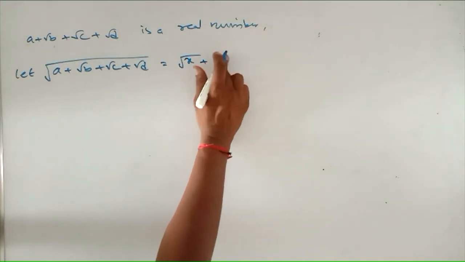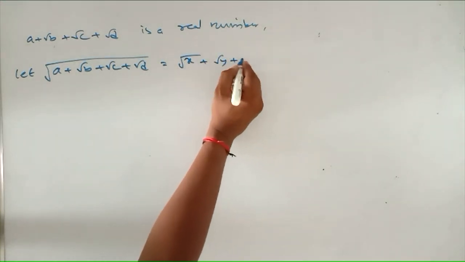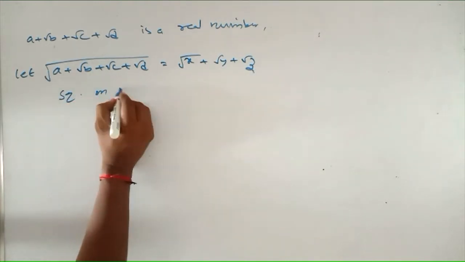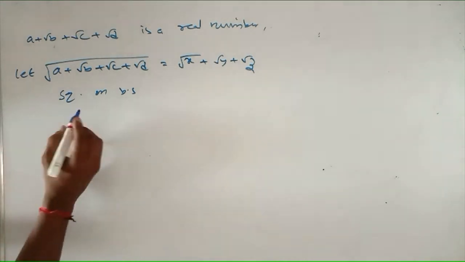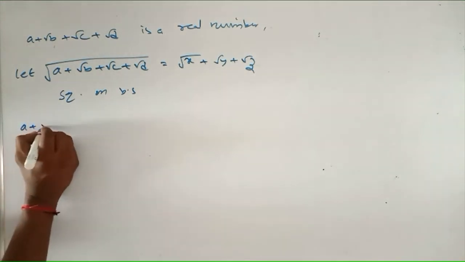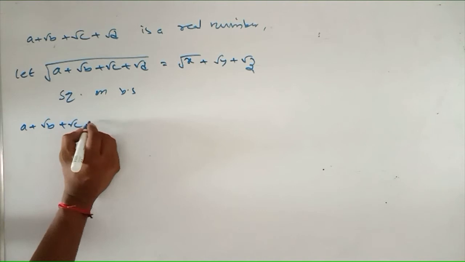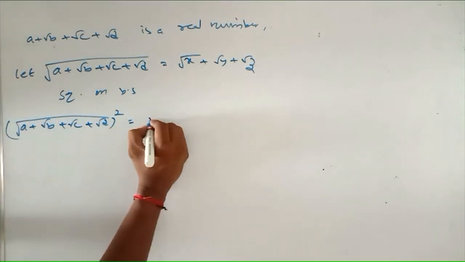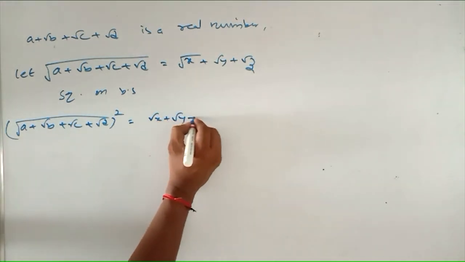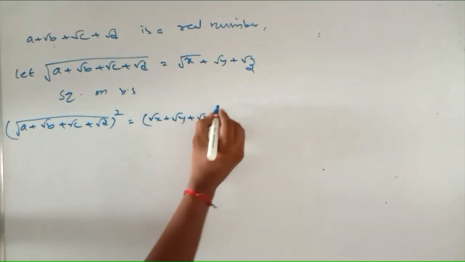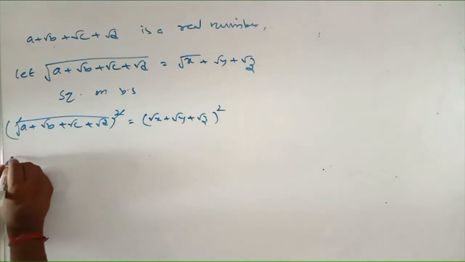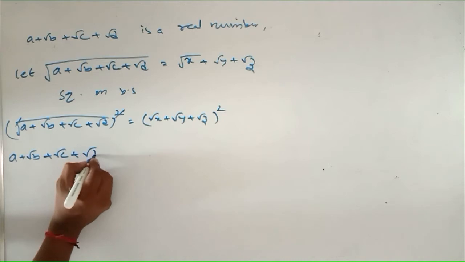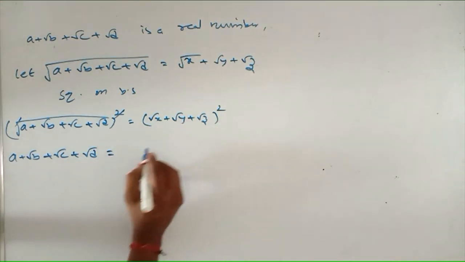Now, simply squaring on both sides, a plus root b plus root c plus root d whole squared is equal to root x plus root y plus root z whole squared. The square root cancels here. A plus root b plus root c plus root d is equal to the a plus b plus c whole square formula.